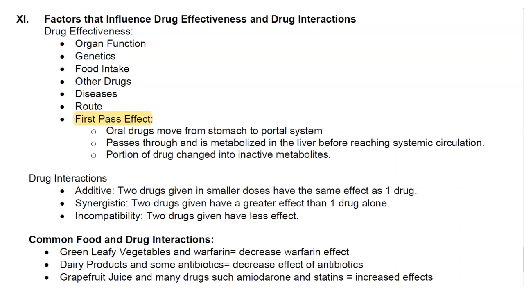injectables. Anyhow, another thing that you guys have to understand is the first pass effect. This is a terminology that we use to describe the effect of the drug once it goes through the digestive system. This is basically due to the drug passing through the portal system. As it passes through, it gets metabolized, and it takes a lot longer, and the liver has to metabolize it before it reaches the systemic circulation.